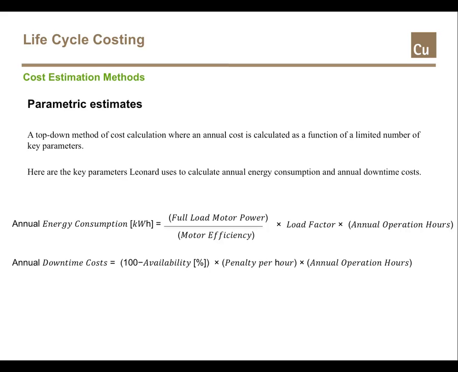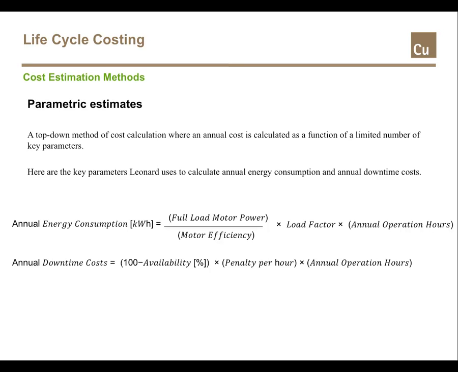He calculated that annual energy consumption is about 98,000 kilowatt hours for the base case, 75,000 kilowatt hours for alternative A, and 61,000 kilowatt hours for alternative B. This number can be multiplied by 12 euro cents per kilowatt hour to estimate the annual energy cost.